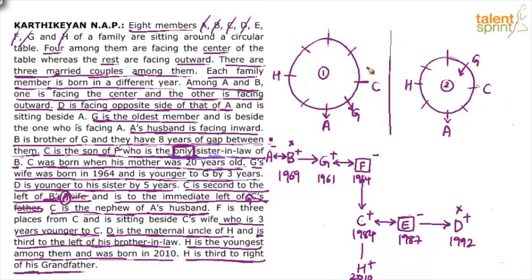But then D is third to the left of C. So first, second, third, D can come here, or first, second, third, D can come here. There are two possibilities. So let me write it inside. D, D1 and D2. You're able to follow?